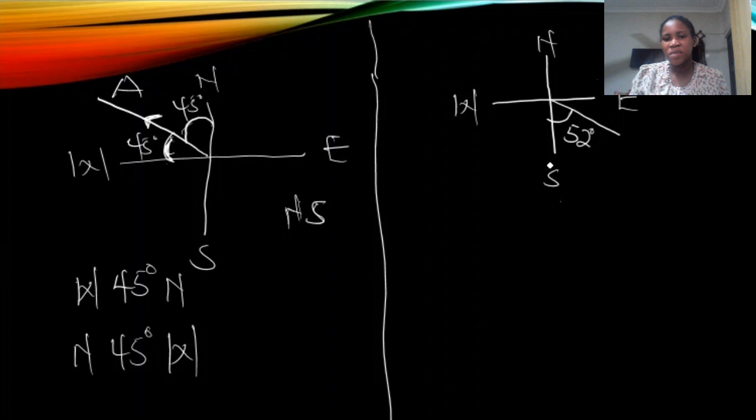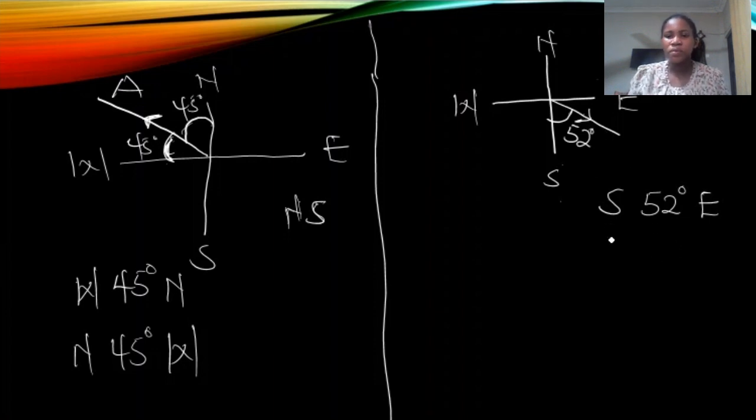In that case, meaning, sorry, I didn't show the direction of this vector. So the vector was moving from the southern part to the eastern part. It's between south and east. So we'll have south 52 degrees east.